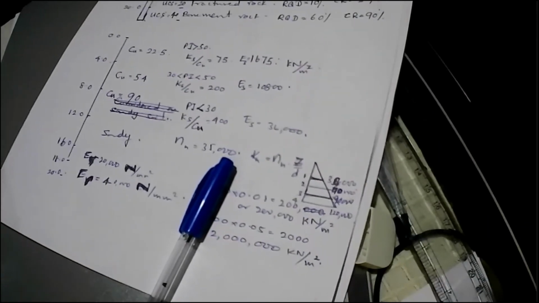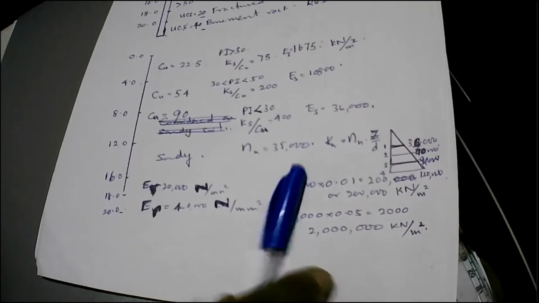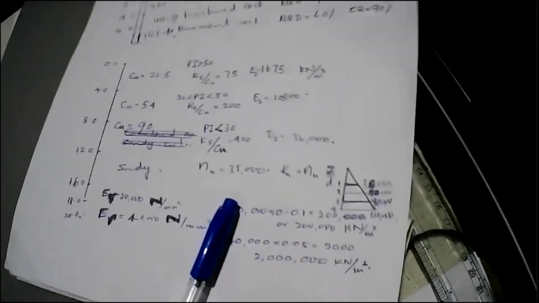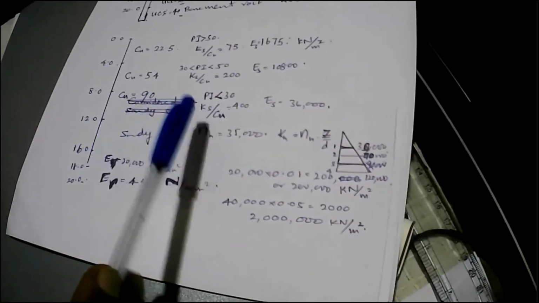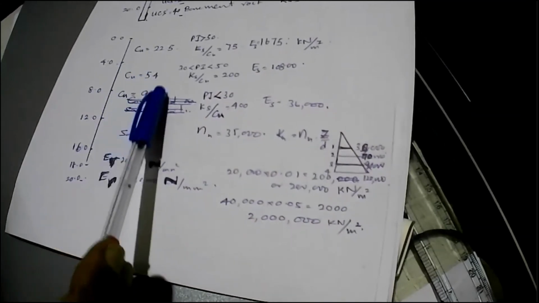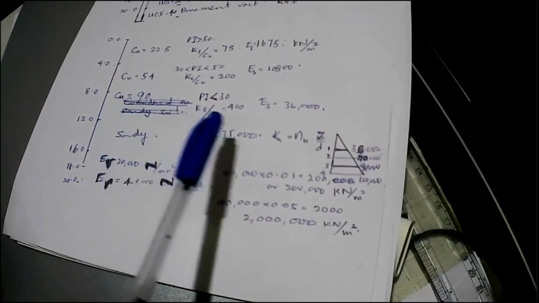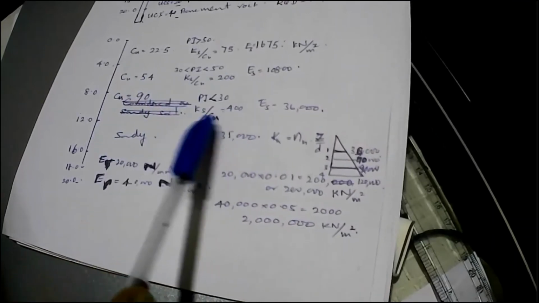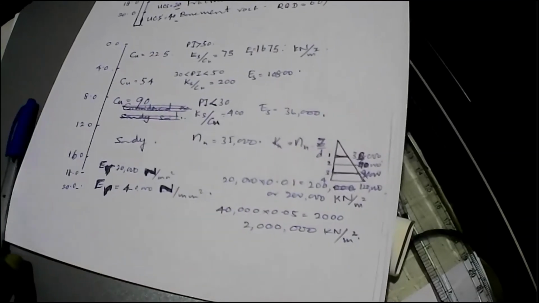So basically, you can see the values that we have calculated, and you can see for each soil layer, we can work out the undrained cohesion, and based on the plasticity index, you can work out the ratio, and based on that, you can work out the ES value.